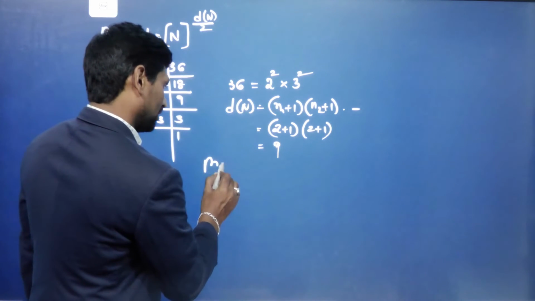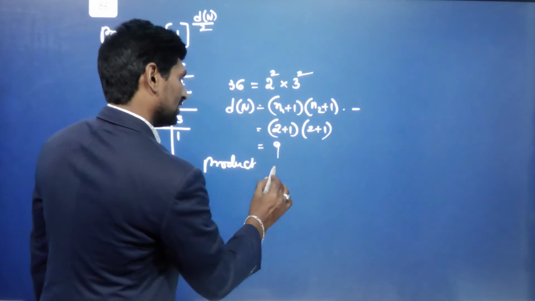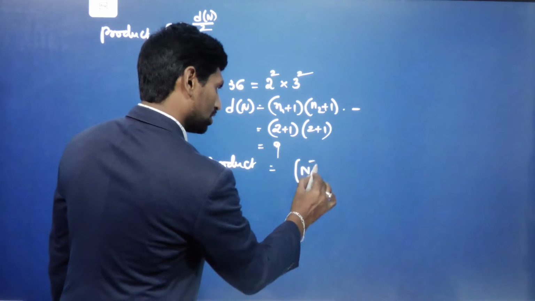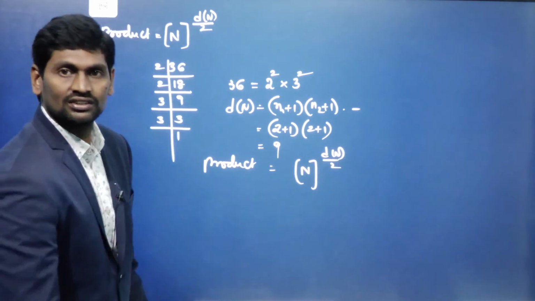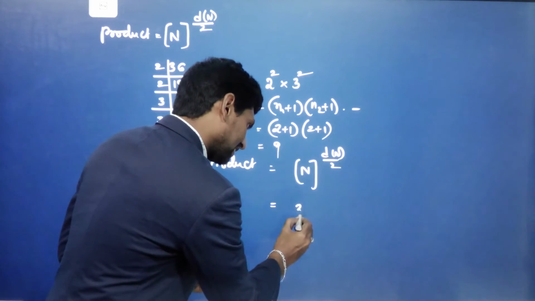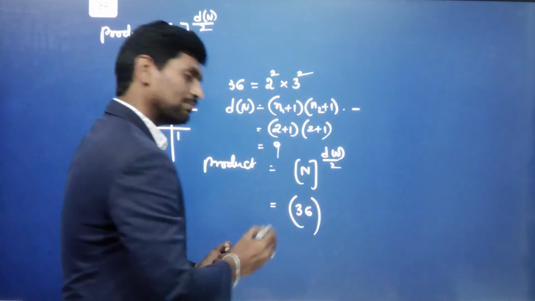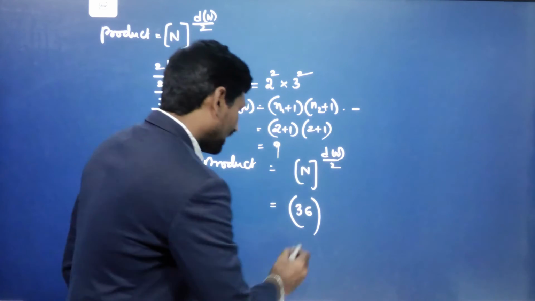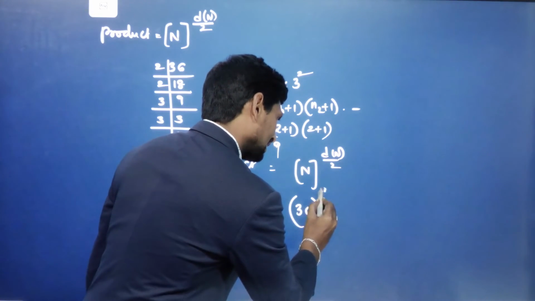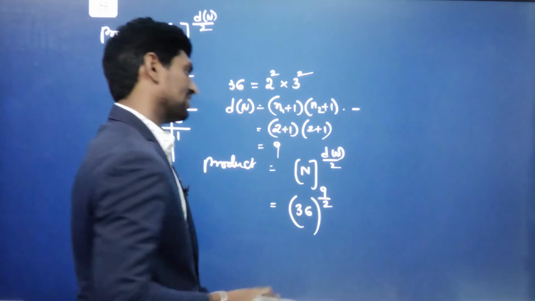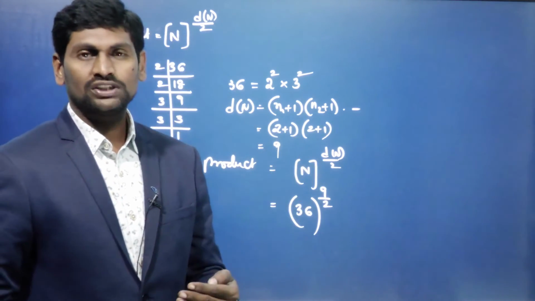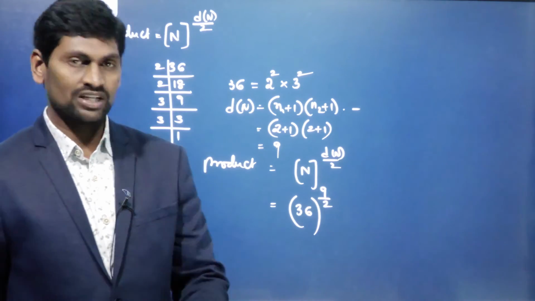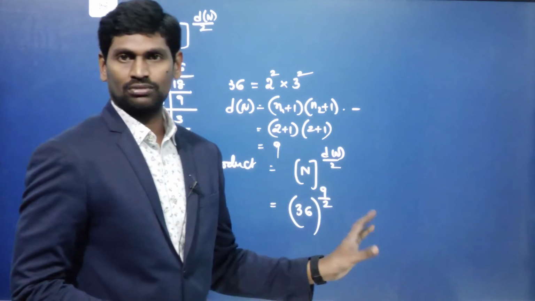Now product equals to, what is the formula? The composite number whole to the power of half of the divisors. What is the composite number here? 36. 36 power number of divisors 9, half of the divisors 9 by 2. 9 by 2 will come in decimals, right? 9 by 2 is nothing but 4.5. But we should not use any decimal numbers, right?